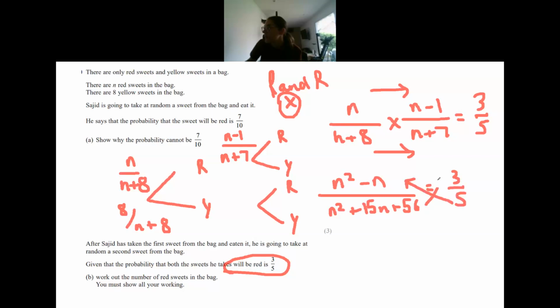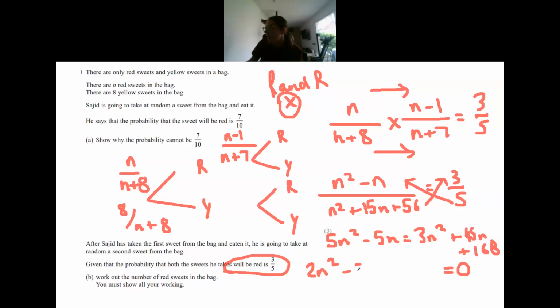Cross multiply, 5n squared minus 5n equals 3n squared plus 45n plus 168. That is a quadratic, so we make it equal to 0. Take the 3n squared, so 2n squared. Take the 45n, minus 50n minus 168.